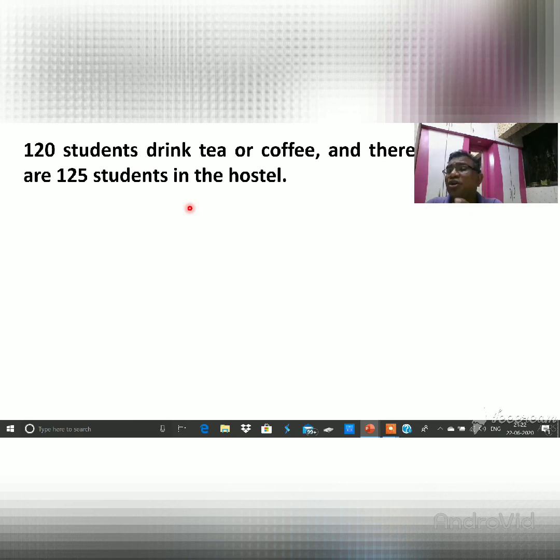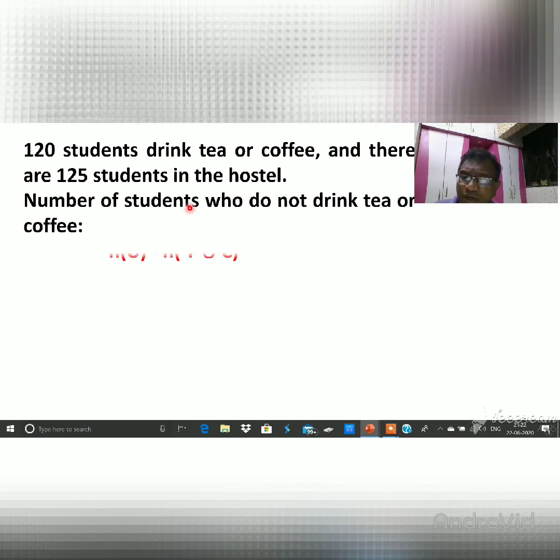There are 125 students in the hostel. That is the universal set, and 120 students are such that some of them drink tea and some drink coffee. So it is very easy. 125 minus 120 gives the students who are not drinking anything, neither tea nor coffee.